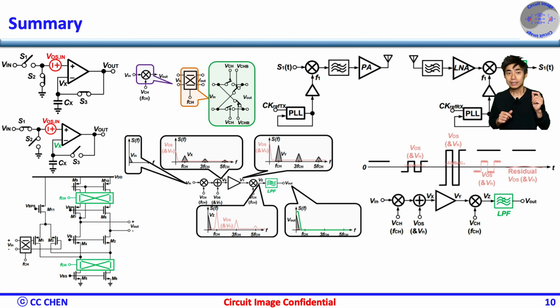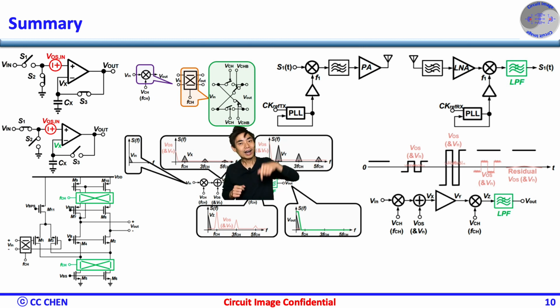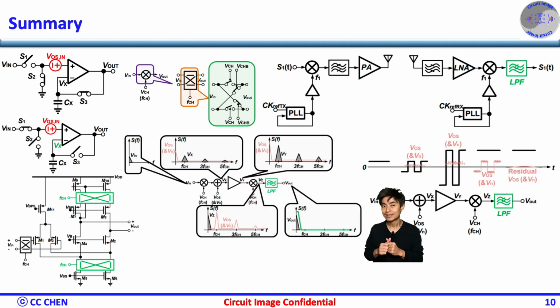The chopping in the frequency domain is like an RF system to up-convert and down-convert the signal back to the baseband. But the 1/f noise, offset or interference will only be up-converted and filtered by the filter.